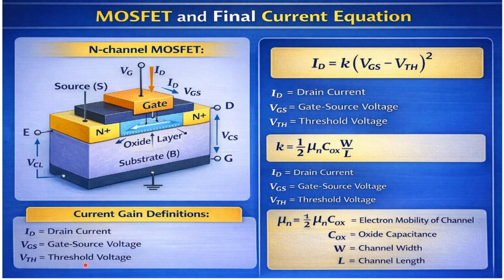VT is the threshold voltage, the minimum voltage required to create the inversion layer. Here the parameters are: mu Cox is the capacitance of your oxide layer, W is the channel width, and L is the channel length. So let's see how to find the current equations in the MOSFET.